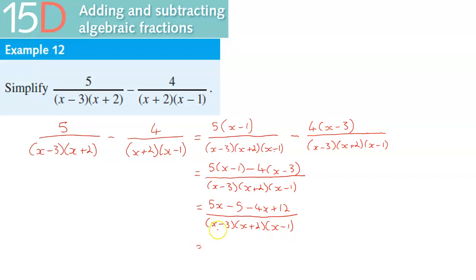Now I can collect like terms in my numerator: 5x minus 4x and negative 5 plus 12. I do not need to expand the brackets in my denominator.